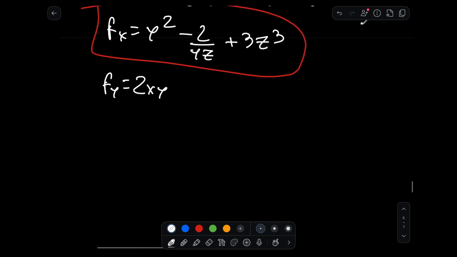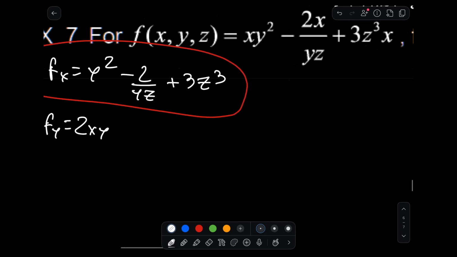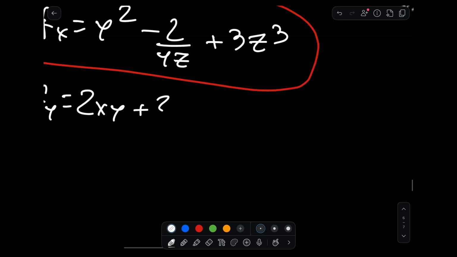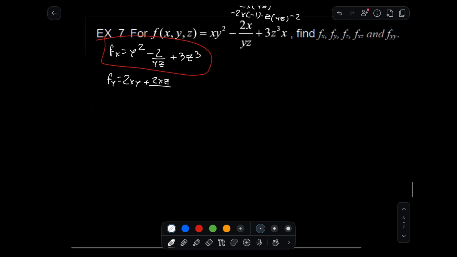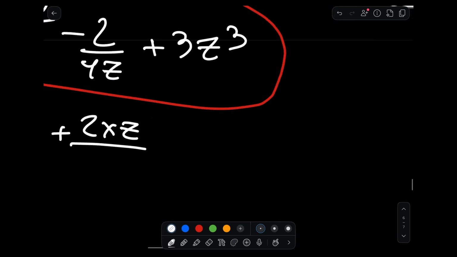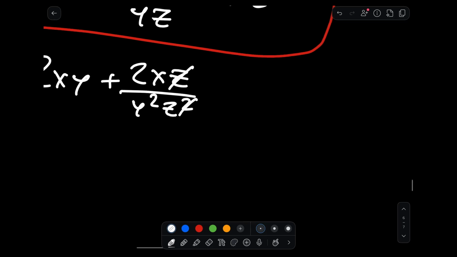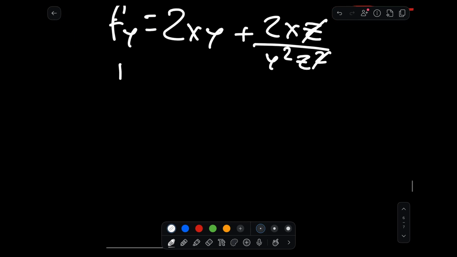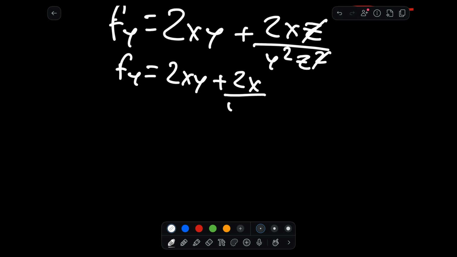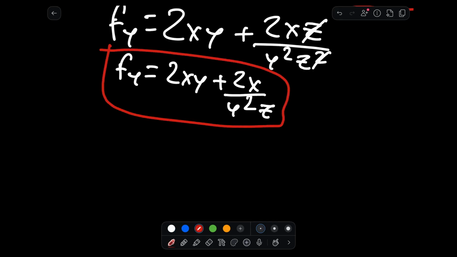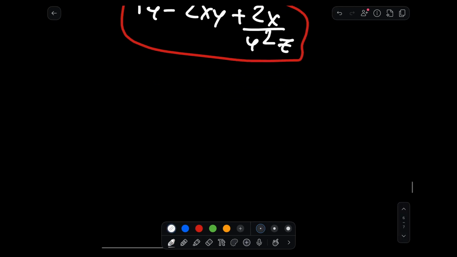Okay, so then we're going to get plus 2xz over y squared z squared. And then you're going to get f sub y equals 2xy plus 2x over y squared z. That's our second partial derivative down.